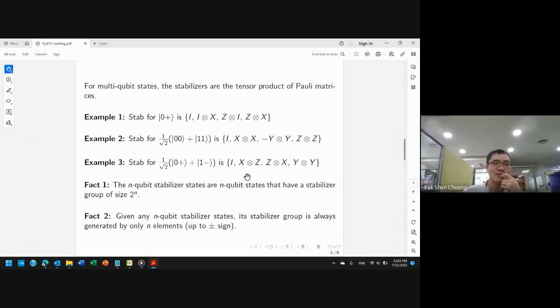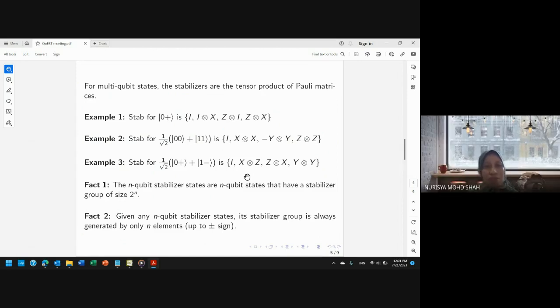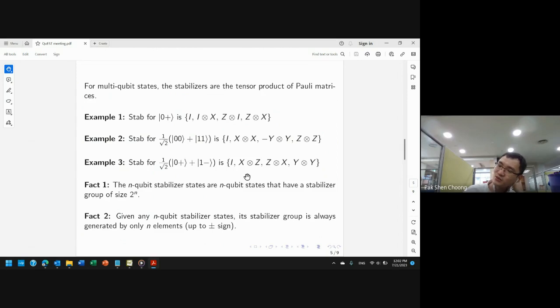Yeah, it's possible. But in most literature examples, I think exact is easier compared to XY, because X is bit flip and Z is phase change. Those are the most intuitive ones.